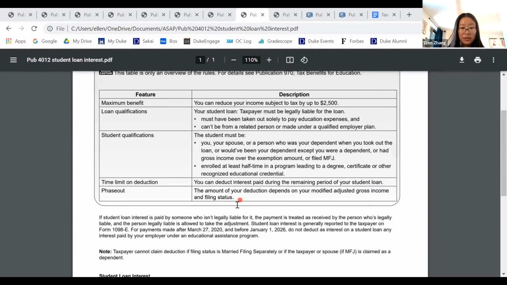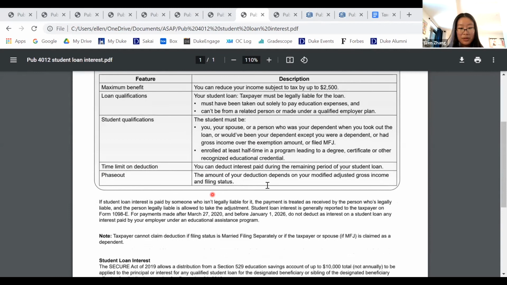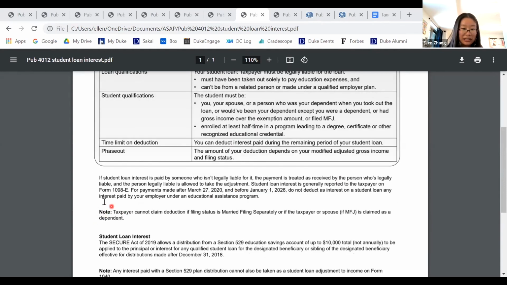So it's definitely worth paying attention to the limit on these deductions and credits. And of course, there is a phase out depending on your AGI here and your filing status. We can see in a tiny note down on the bottom of the page, taxpayers cannot claim this deduction if their filing status is married filing separately, or if the taxpayer or spouse, when married filing jointly, is claimed as a dependent.